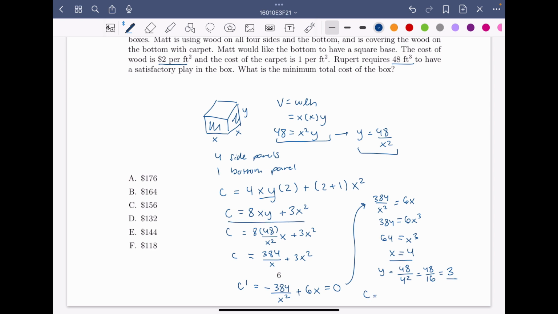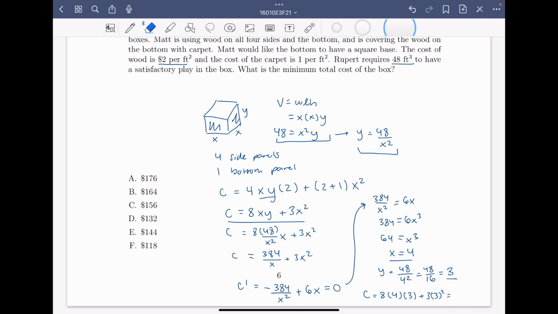So c equals 8 times 4 times 3 plus 3 times 3 squared. So 8 times 4 is 32, times another 3 is 96, plus 3 times 3 squared, so 3 times 9, 27. So 96 plus 27 equals, oh shoot, I plugged in the wrong value for that second part.